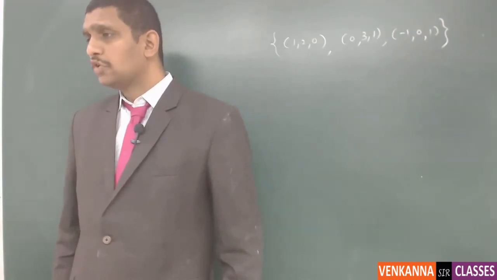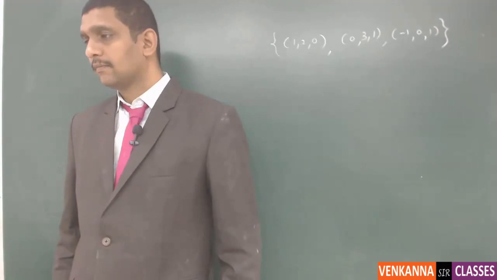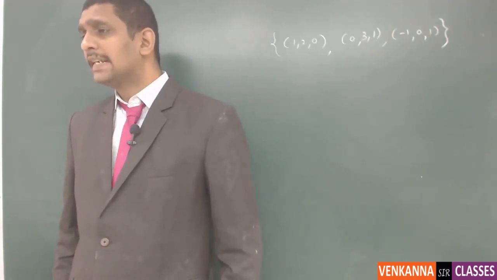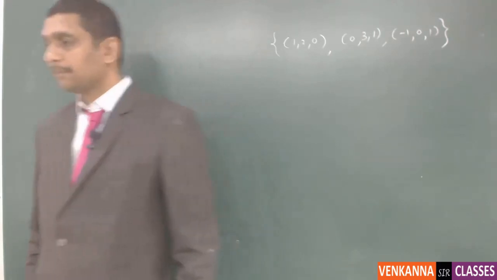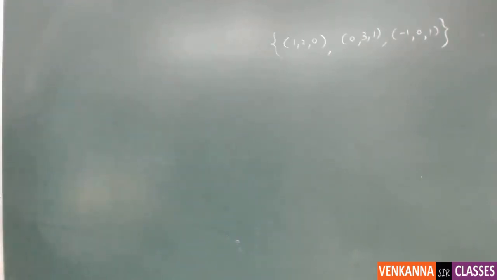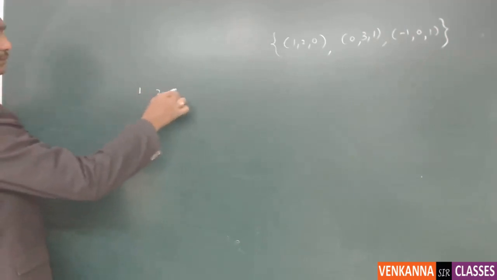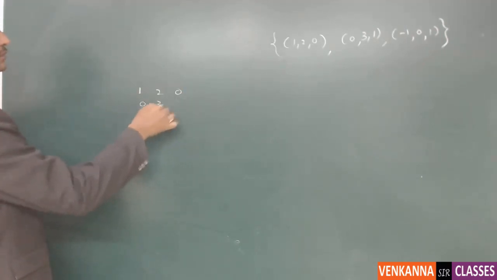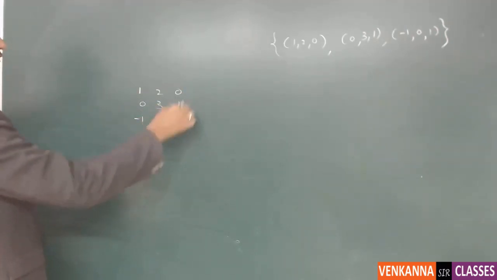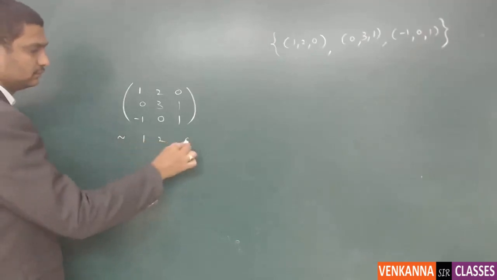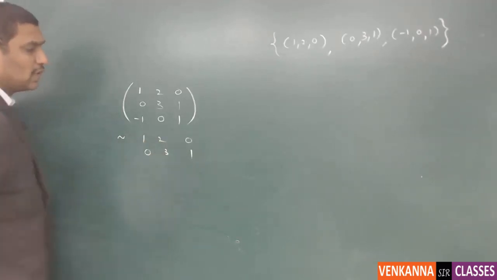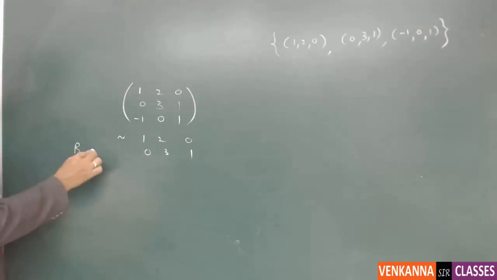So you are getting non-zero vectors and you are saying that it is linearly dependent. You are getting non-zero scalars there. Yeah. So let us go for it. So let us apply the row operations there. So R3 tends to R3 plus R1.